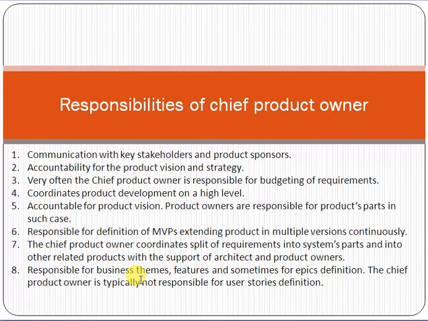He is the person who has the complete visibility about the big product, and he is responsible for guiding the product owners so that all the development goes with proper strategy and proper vision.